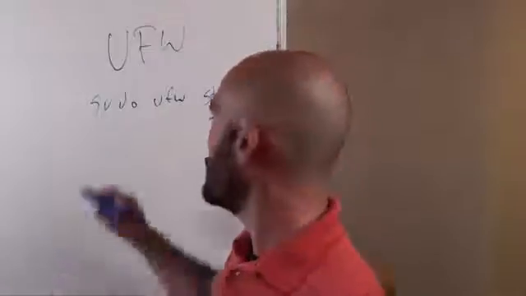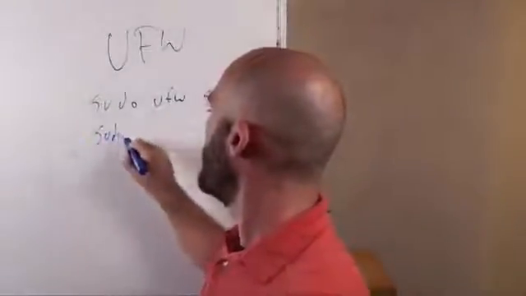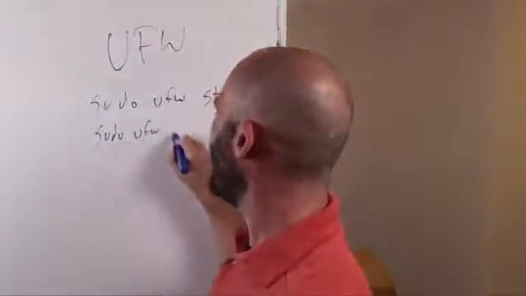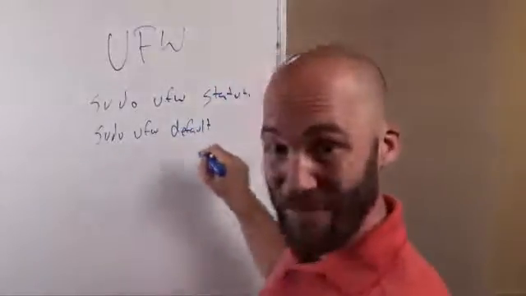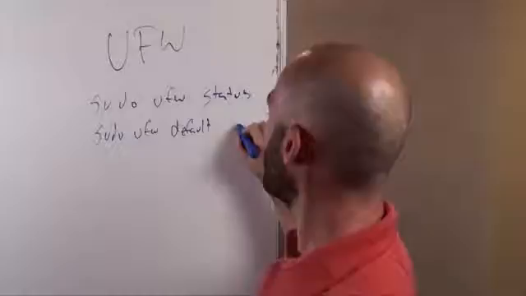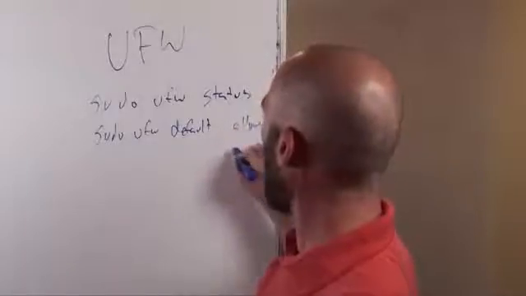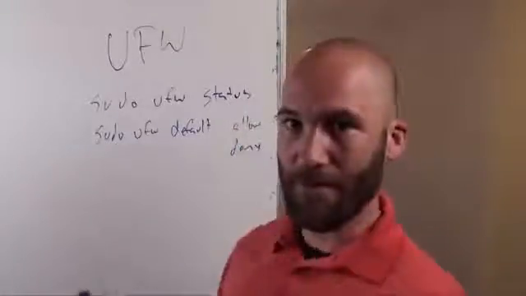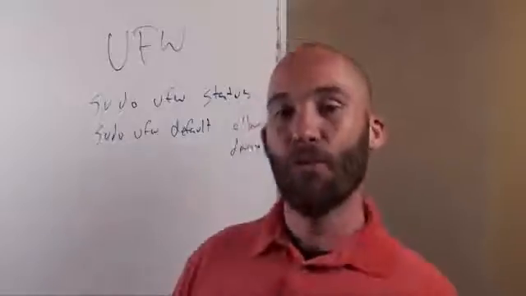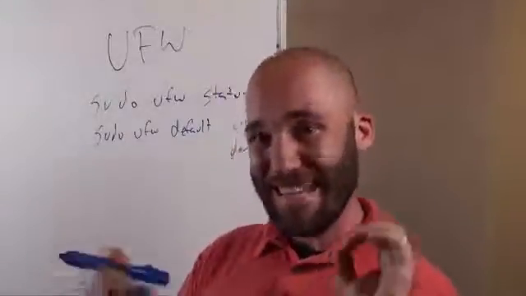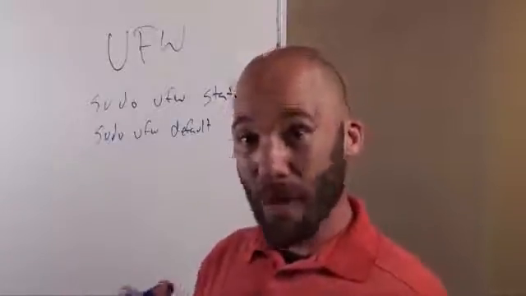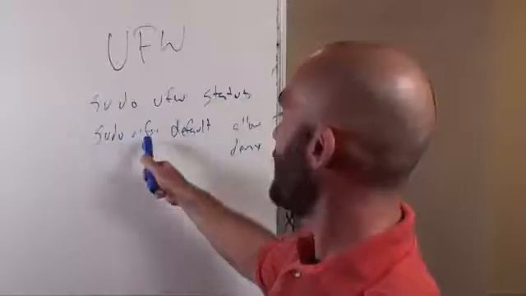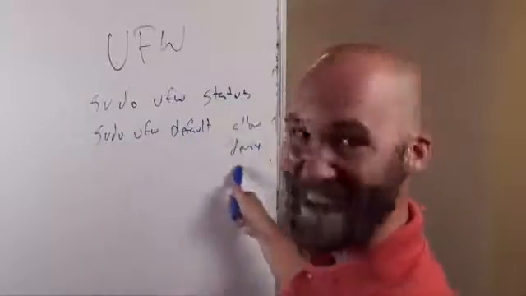So all you do is sudo ufw default. This says what is the default setting, and then you either say allow or deny. Those are the two words. You're going to change the rules later, but if you want the default to be block, then you do sudo ufw default deny.